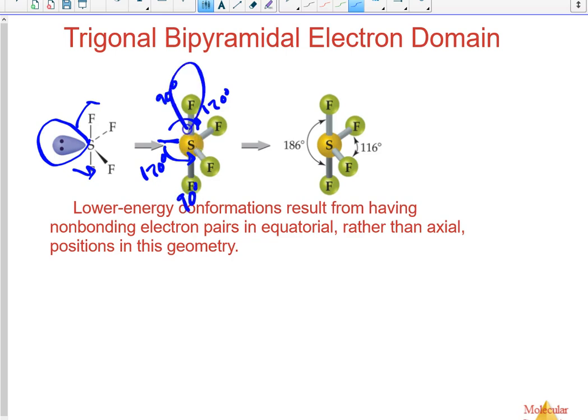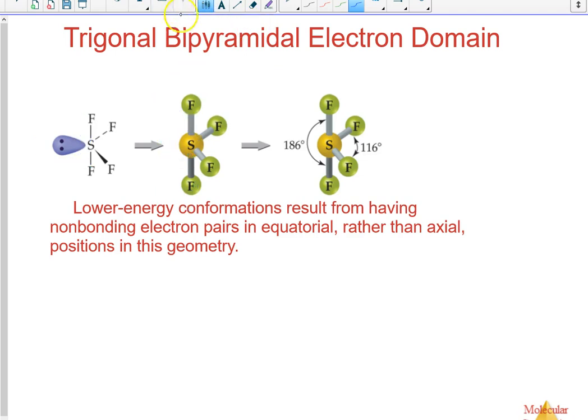If you put it here, it messes with the 90 degrees 3 different times, and that is not the favored, low energy structure. So non-bonding pairs go around the central atom equatorially in trigonal bipyramidal. So we're going to do that quick here.